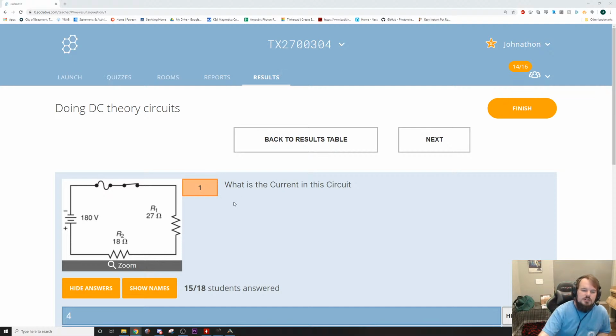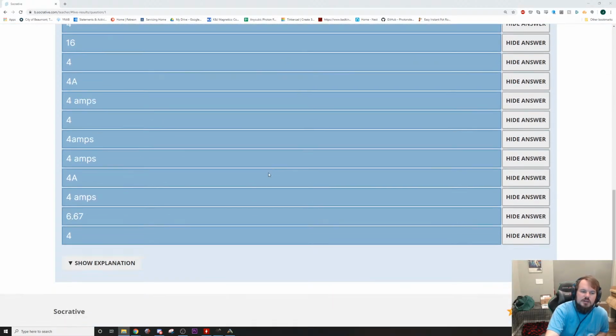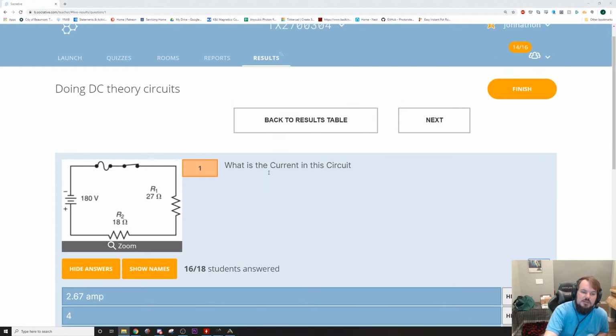So we're going to get started with question 1, which is: what was the current in this circuit? We got a lot of people saying 4 amps, so let's see.